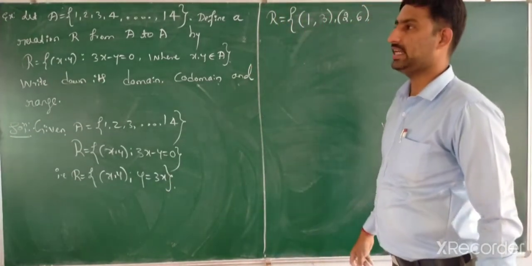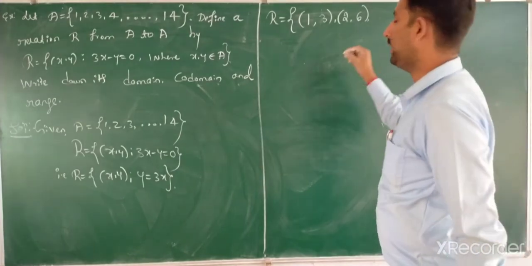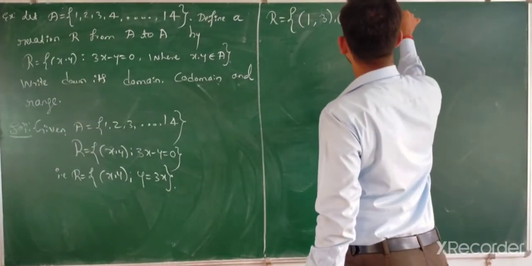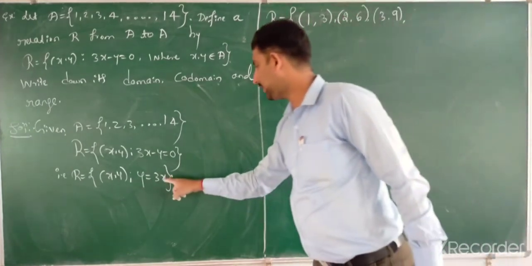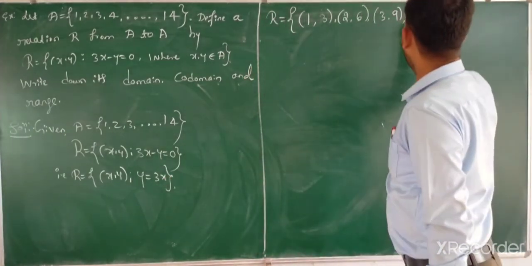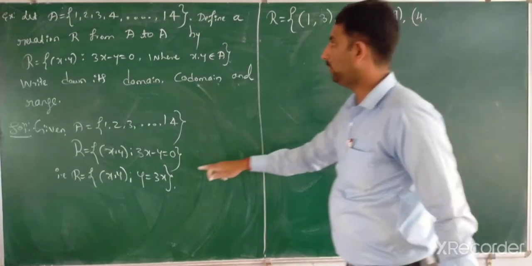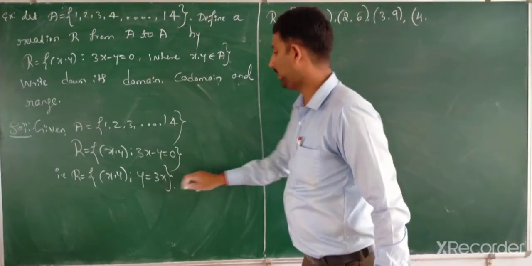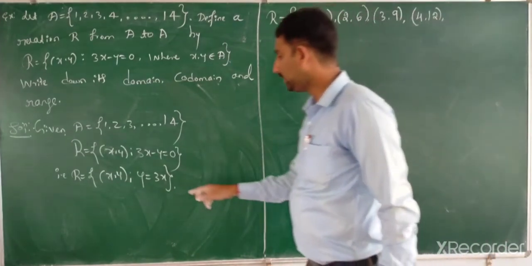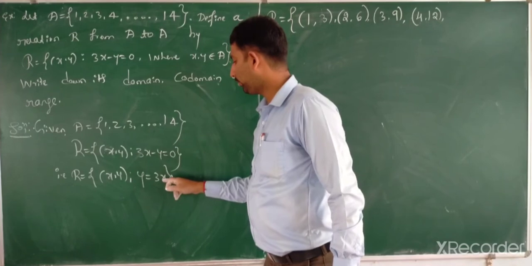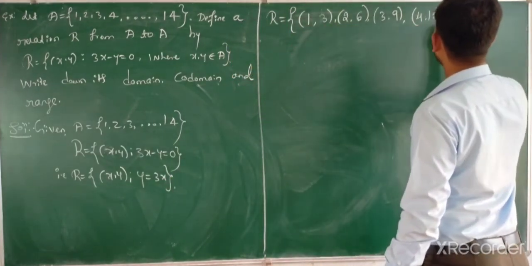If x is 3, then y is 9, 3 into 3 is 9. After that, x is 4, y is 4 into 3, that is 12. After that, x is 5, 5 into 3 is 15, which is not valid.